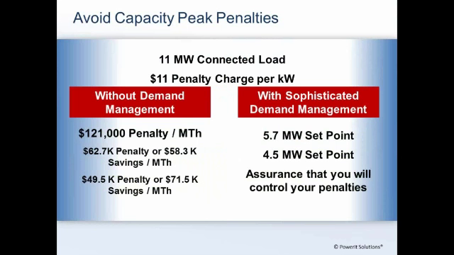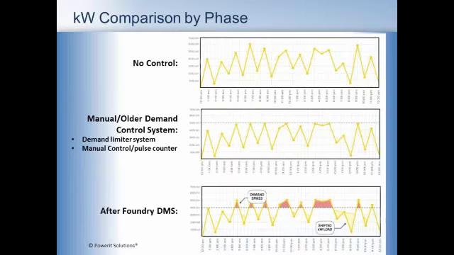By reducing our set point from 5.7 megawatts down to 4.5 megawatts, we had a savings of $58,000 per month through a reduced demand charge. You can say we went from a $121,000 penalty down to a $62,700 penalty. And, you know, that's a significant savings. You add that up on a monthly basis, and you have managed to save significant dollars.